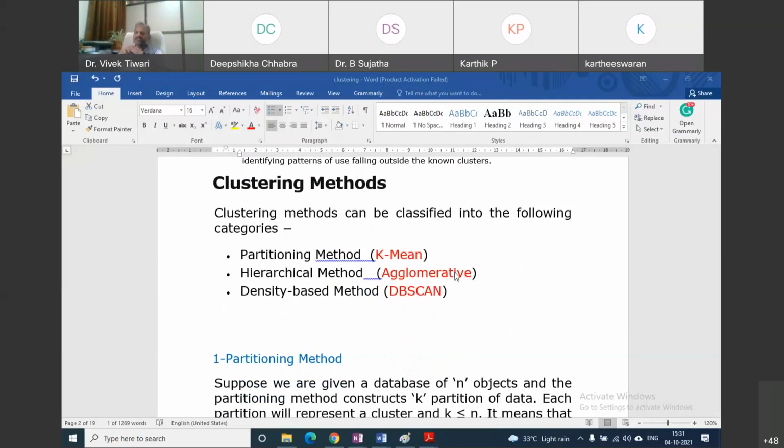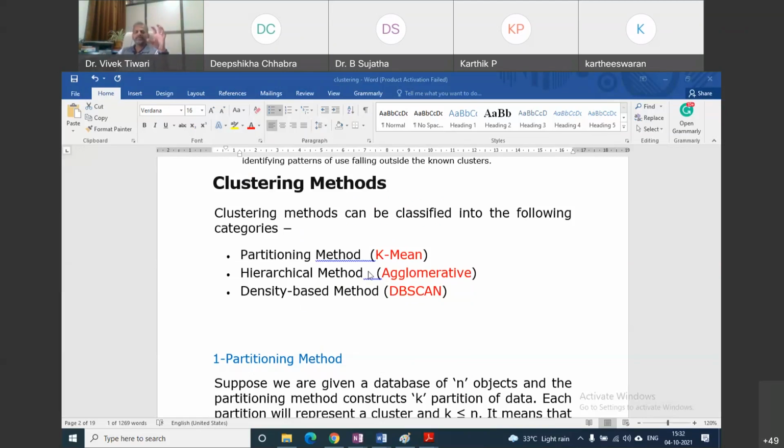Many categories are there, like partitioning based methods as one category, hierarchical based clustering as one category, and density based clustering as one category. Similarly, many categories are there. So don't think there are only three categories: partitioning based method, hierarchical method, and density based method. There are many more.